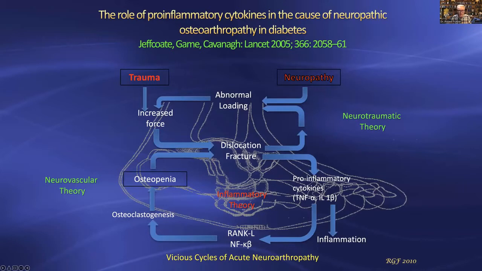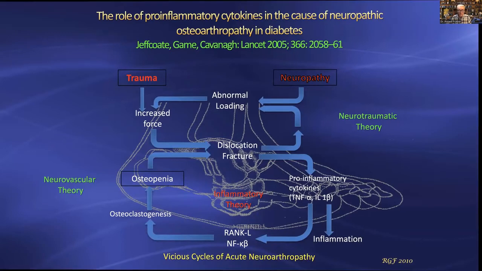And we see how these two schools of thought, or these two underlying pathophysiologic entities, come together to come into that perfect storm, which we now call the acute Charcot foot.